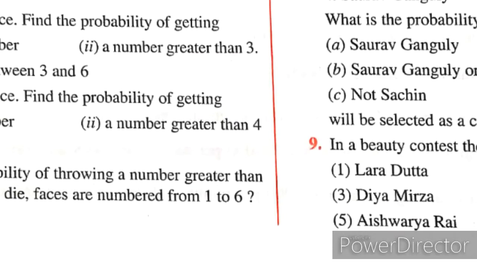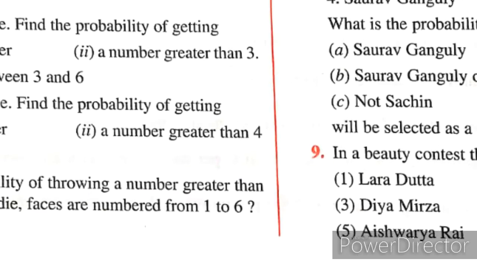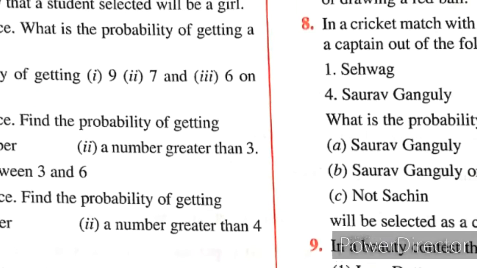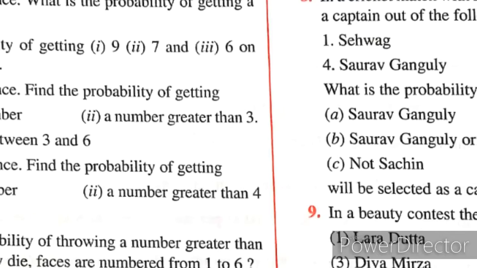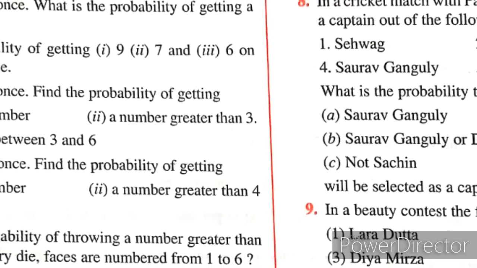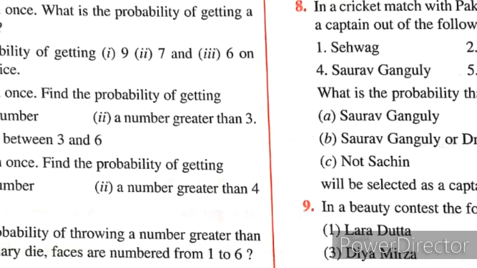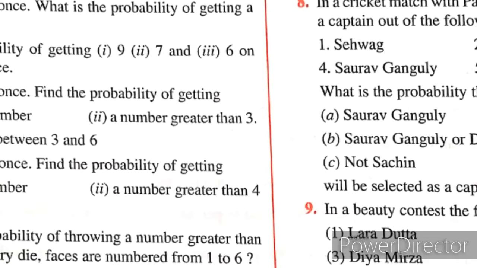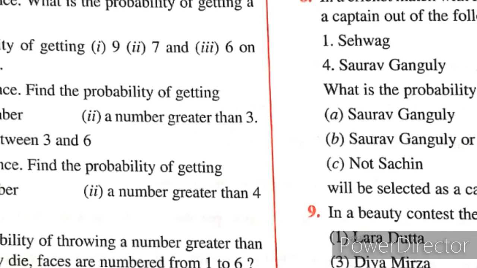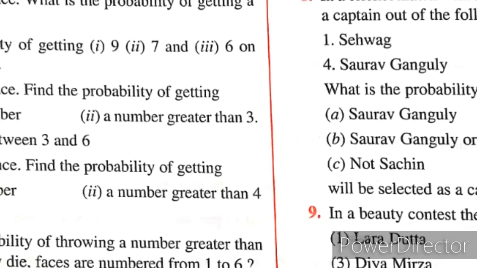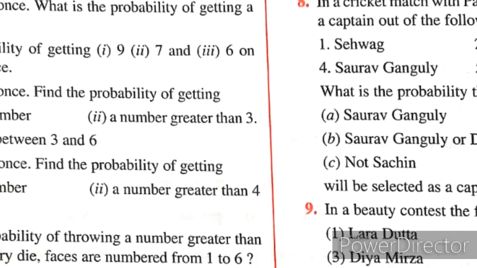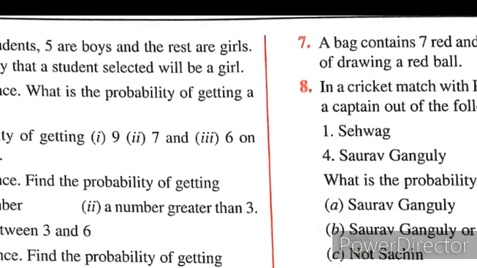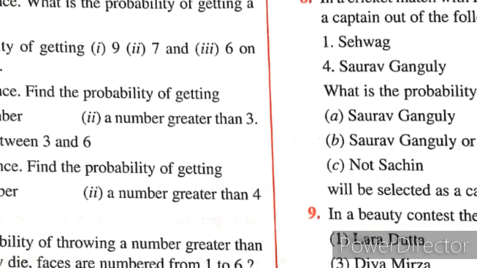And second one: a die is thrown once. What is the probability of getting number 5 or 6? Before doing this problem, we should know one formula: the probability of event A or event B is equal to probability of A plus probability of B minus probability of A and B. The probability of getting the events 5 and 6 together is 0 here.